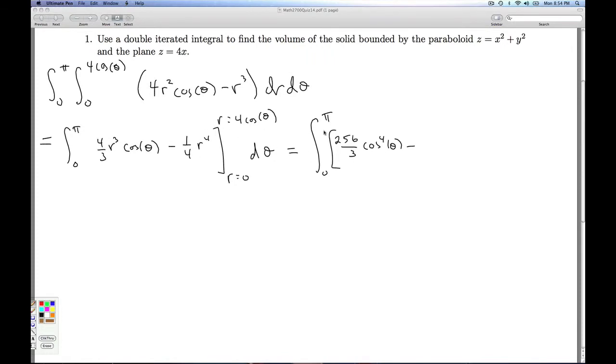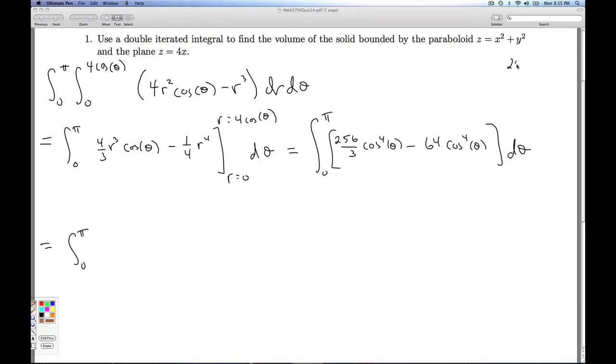minus 4 cubed times 4, which is 4 to the 4th, 256 divided by 4, 64, cosine to the 4th theta here, d theta. We'll clean this up a little bit. 0 to pi. So 256 thirds. If I get a common denominator, I take 3 times 64, which is 192.